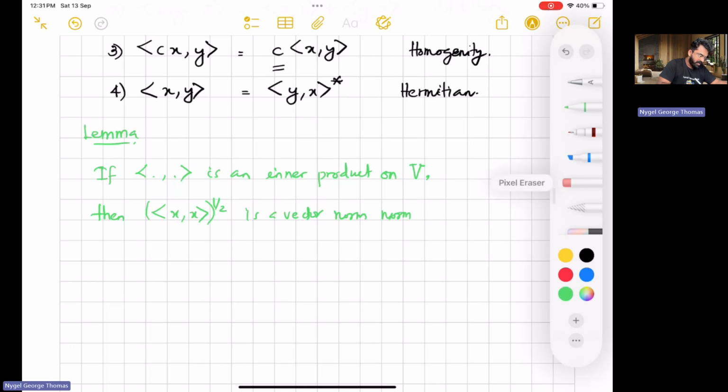So what is the consequence? Whenever we have an inner product, we can easily find a corresponding norm, and it's a valid vector norm.